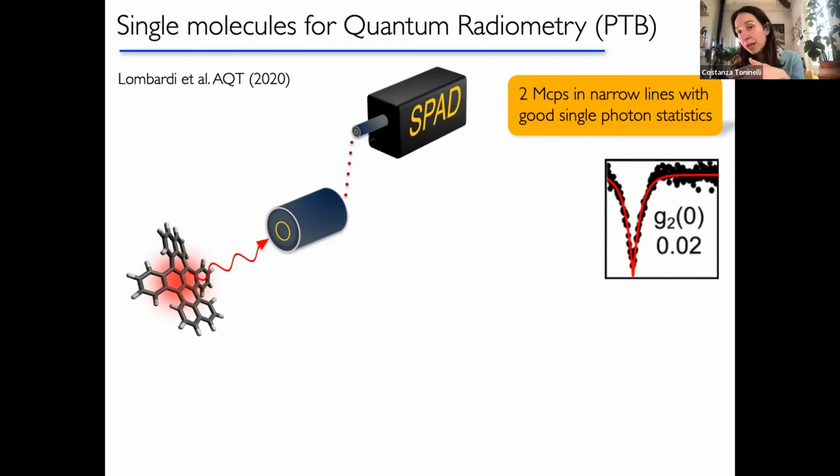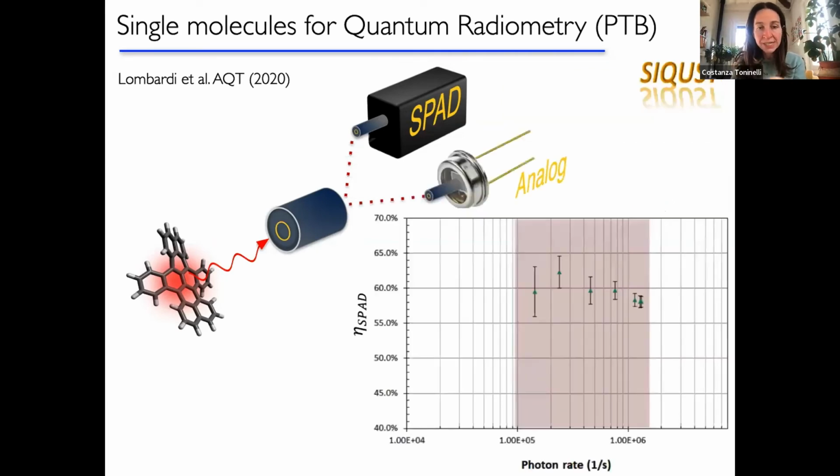The first thing you typically do in this metrology chain, as I learned, is not to use your molecule as a primary standard, but as a secondary standard, which means essentially that you use your molecule to calibrate a test device, this single photon avalanche photodiode, against an analog diode that was previously calibrated in Braunschweig against the primary standard.